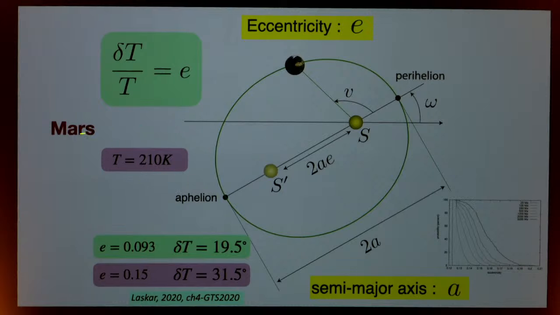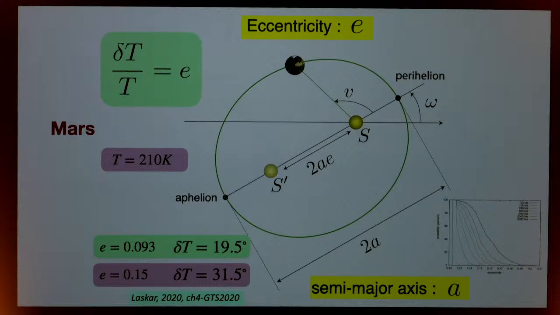And if you take the temperature of Mars, which is 210 K on average, it tells you that the difference is 19 degrees with the present configuration, but it would be 31 degrees with high eccentricity. So without speaking of obliquity, we already have a big influence of eccentricity.